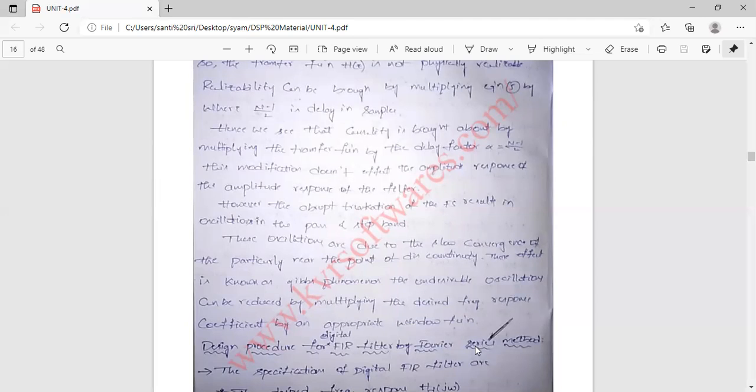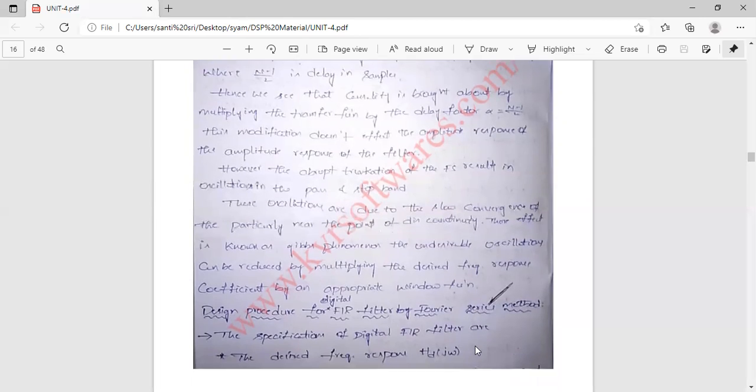This is known as the Gibbs phenomenon, the undesirable oscillations. This can be reduced by multiplying the desired frequency response coefficients by an appropriate window function.